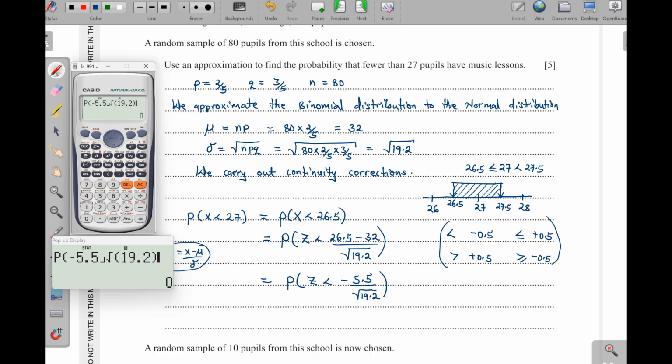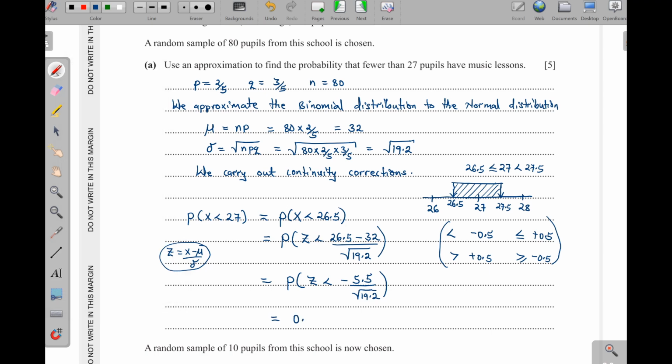We close the brackets and then we also close that. We have 0.1047. So I can write it to 3 significant figures, which is going to be 0.105. Okay, 3 significant figures, as simple as that.